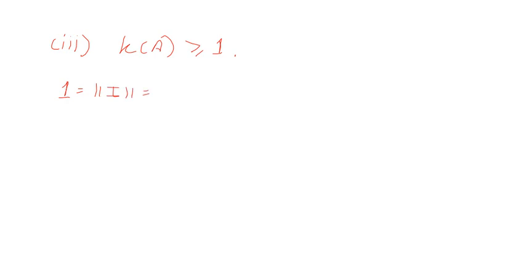So that is equal to norm of A into A inverse, since A is invertible. Now use the sub-multiplicative property of the induced matrix norm. So that's less than or equal to norm A into norm A inverse. That's equal to K of A.